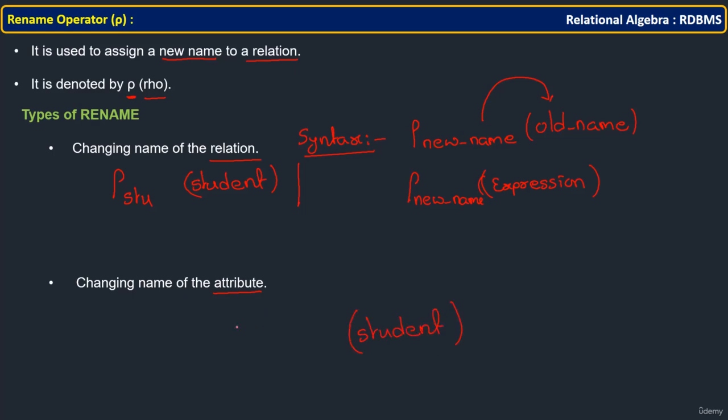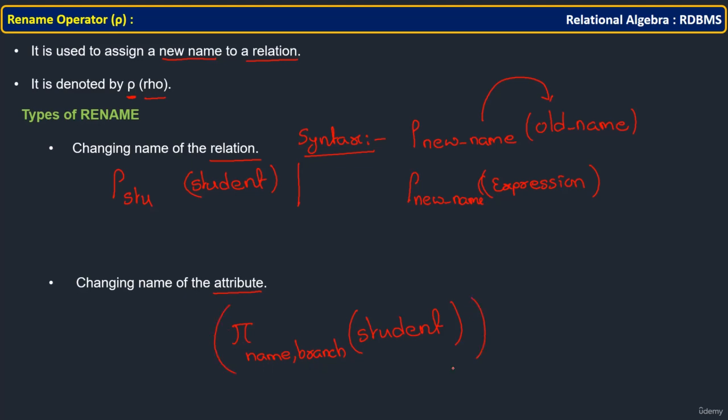I selected two attributes from this relation: one is name, another one is branch. These are the existing two columns or attributes in this table. Now I want to change the names of these two attributes.